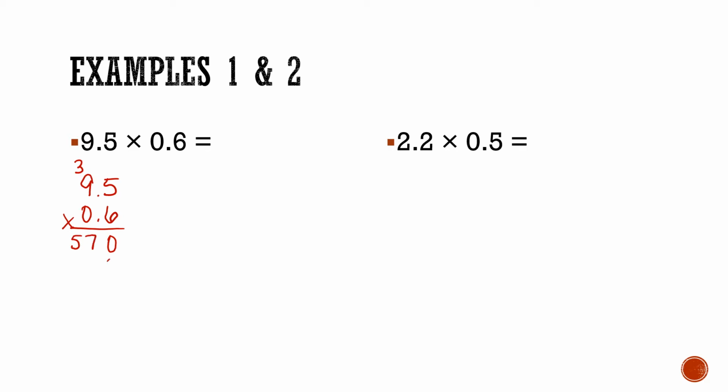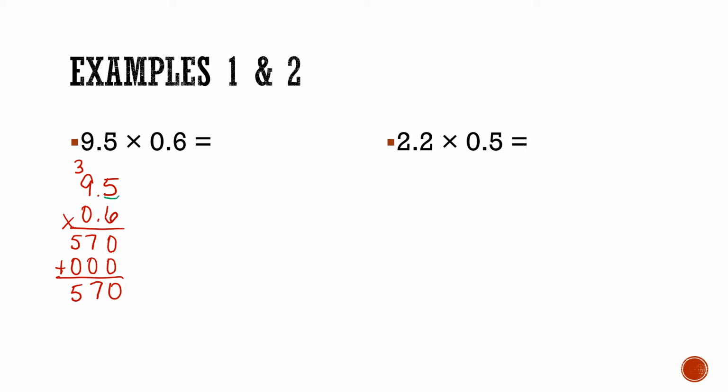Now normally we would put a 0 here and then start multiplying by this second digit, where the 0 is, but since that's a 0, it's really extra work that you don't have to do. However, you can do 0 times 5, which is 0, and 0 times 9, which is 0. And then add those up, and like I said, you're still going to come out with the same thing with that 570.